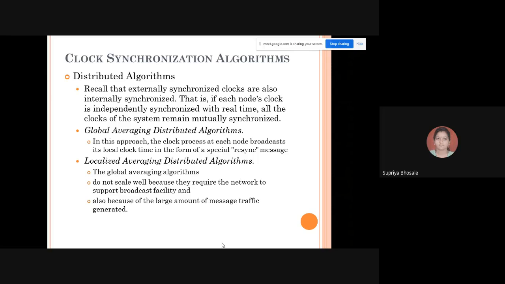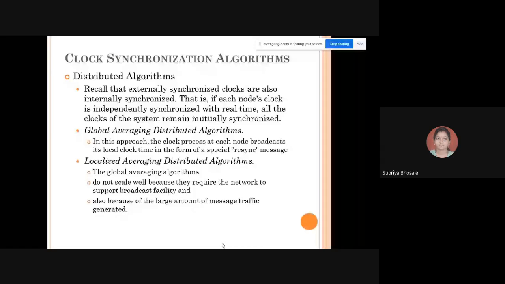That is, if each node's clock is independently synchronized with real time, all the clocks of the system remain mutually synchronized. Okay, so with this, we are having two different techniques. First is global averaging distributed algorithm and second is localized averaging distributed algorithm.